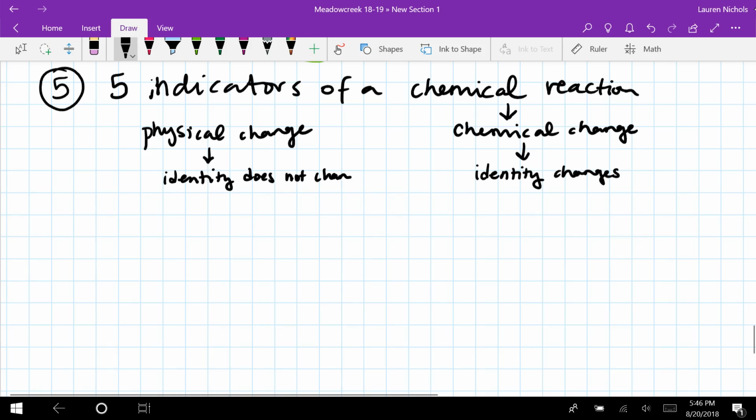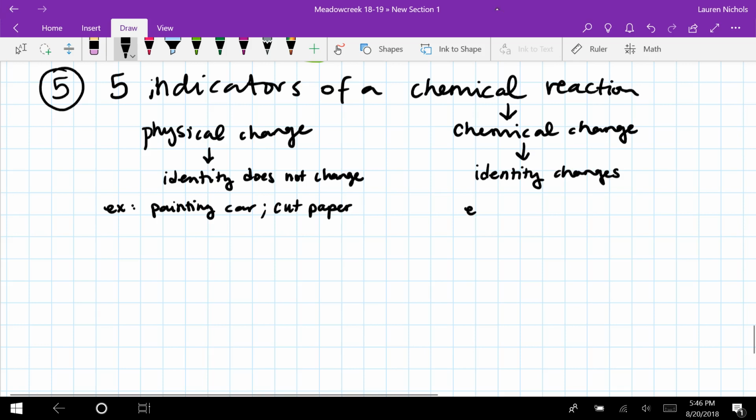So, for example, if I am painting my car, right, that would change the color, but it's not the identity, it's still my car, right? Or if I cut a piece of paper, the identity before the change is paper, the identity after the change is still paper.